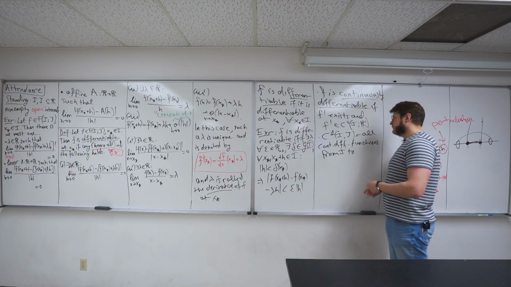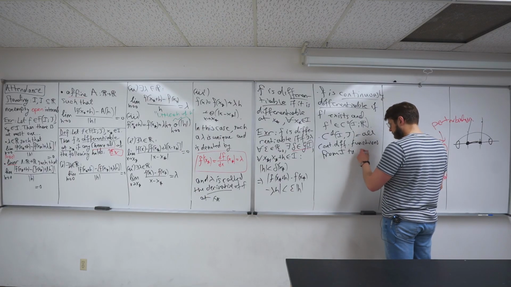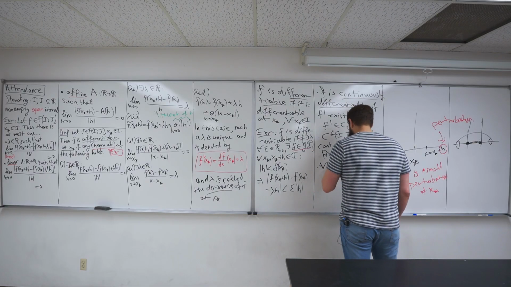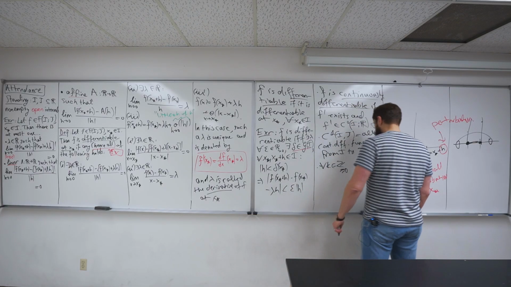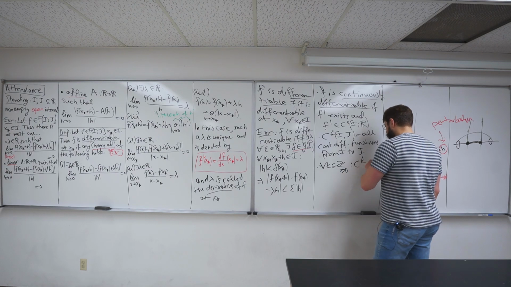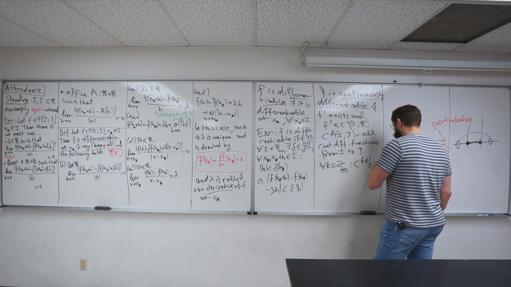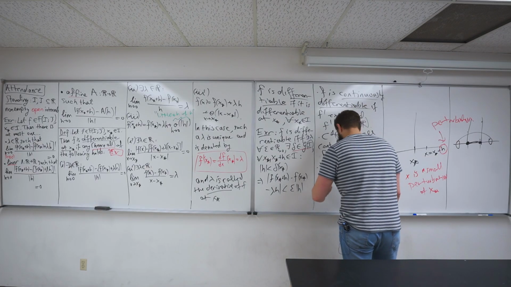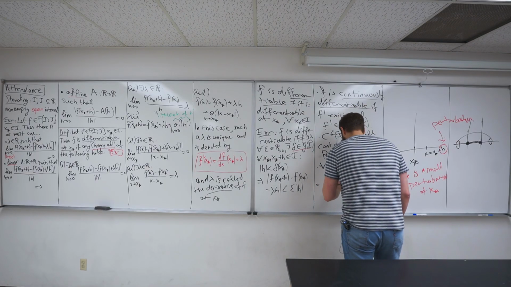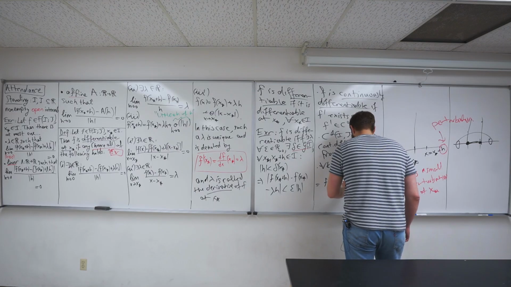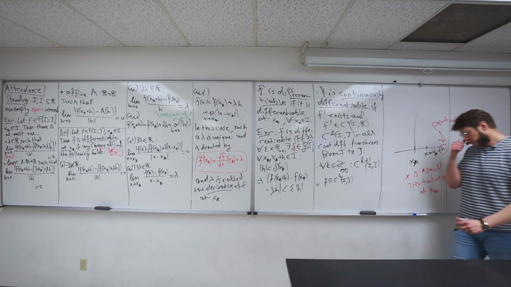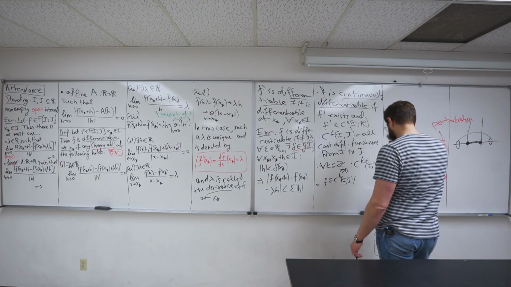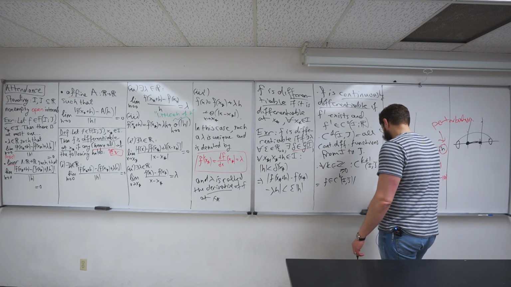And inductively, you define Ck functions to J for any k non-negative. Ck plus 1, I to J, is the collection of all Ck functions whose derivative is also continuous. Hang on.